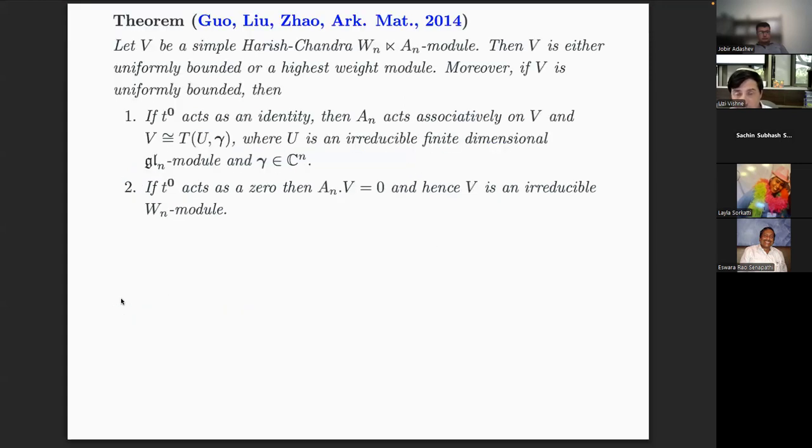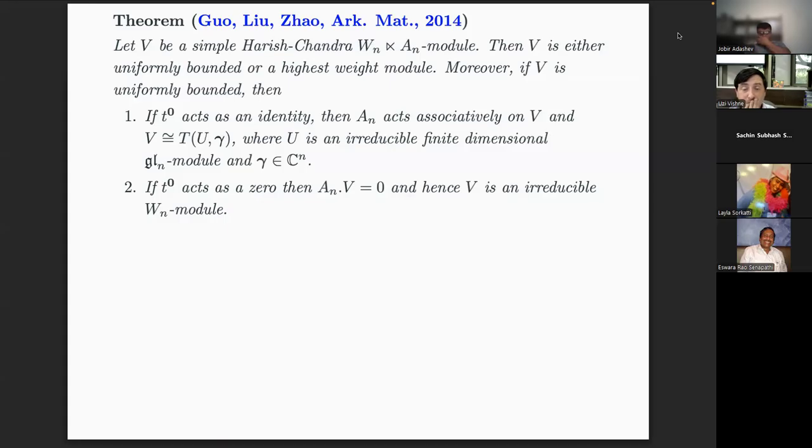Then again, Gao has considered these WnAn modules and weight modules.